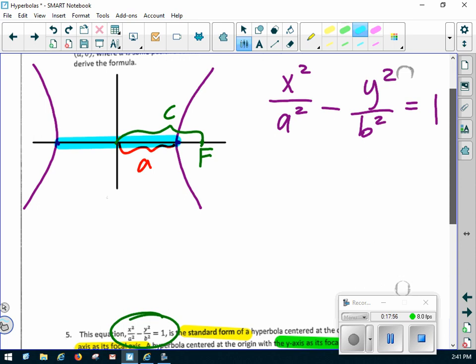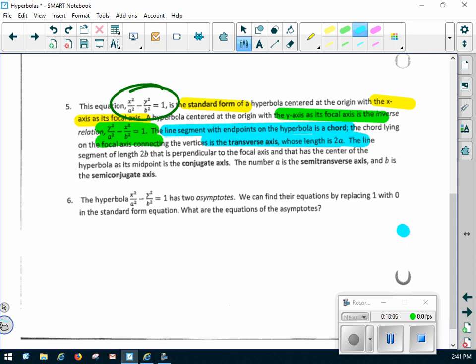Now, what is the length of that blue highlighted segment? It's 2a. That's what it says right here, 2a. The line segment of length 2b is perpendicular to the focal axis and has the center of the hyperbola as its midpoint.